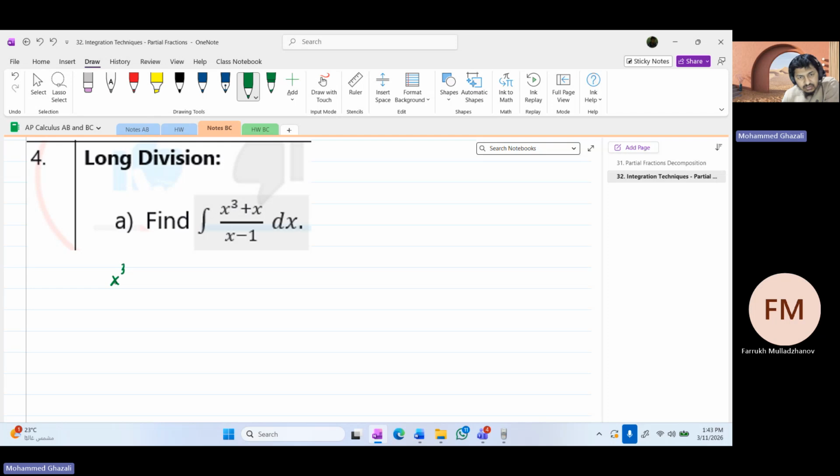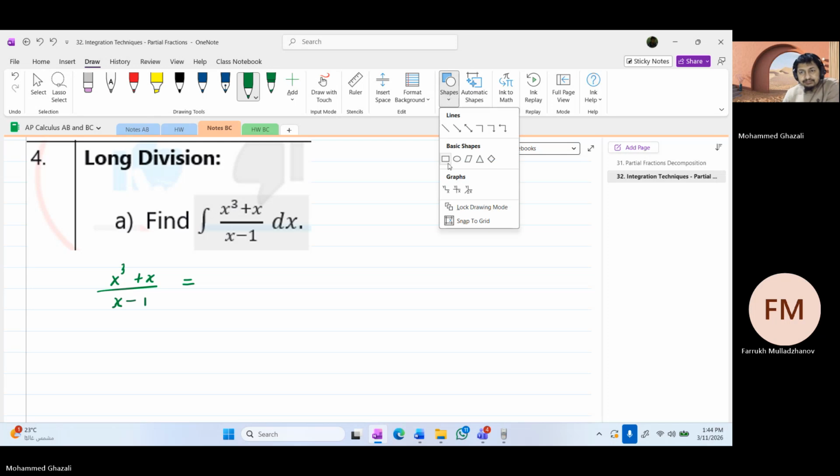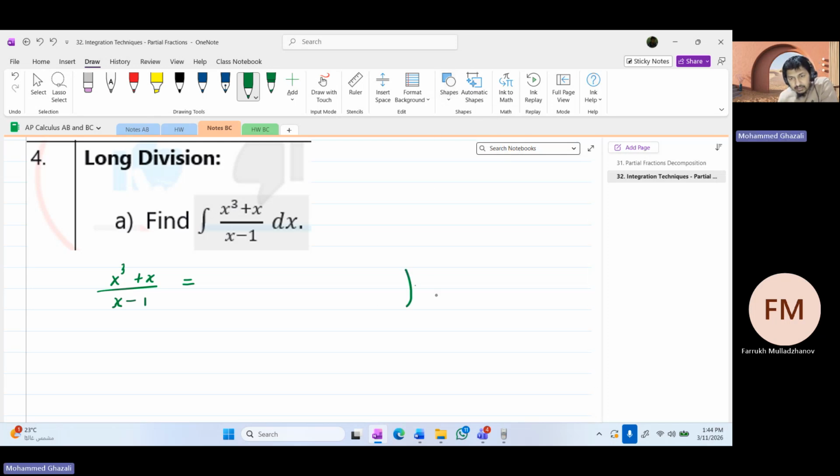You say x cubed plus x divided by x minus 1 is equal to what? You can do the synthetic one. Remember you were asking me about synthetic, so you can do synthetic division because you have a linear factor in the denominator.